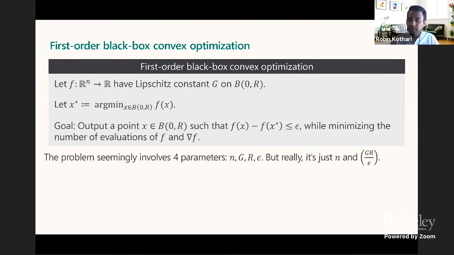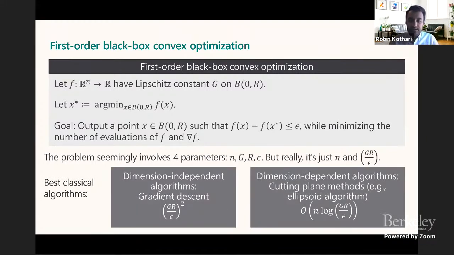Now you can ask, what are the best classical algorithms for this problem? It turns out there are two different best classical algorithms. One is gradient descent, which has complexity GR over epsilon squared. This is the kind of algorithm I'm going to be talking about today. These are called dimension-independent algorithms because, as you can notice, the dimension n doesn't appear in the complexity. Whereas in the other class, the dimension-dependent algorithms, n does appear in the complexity.